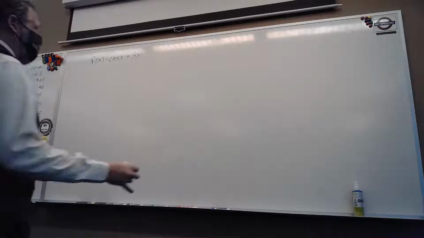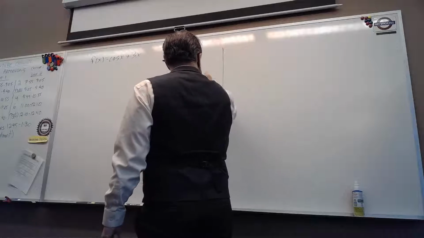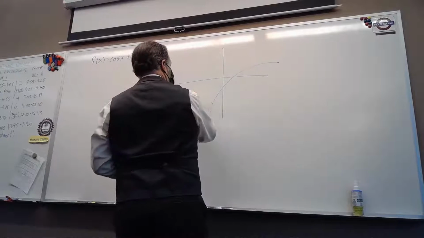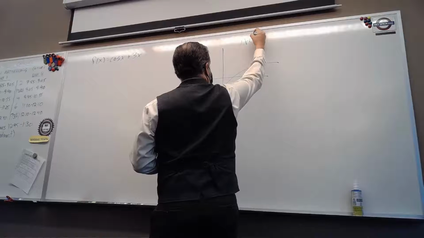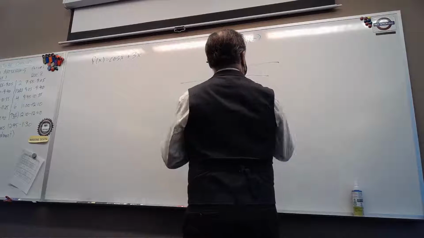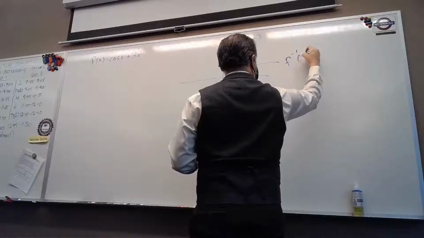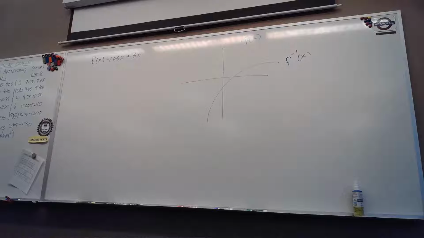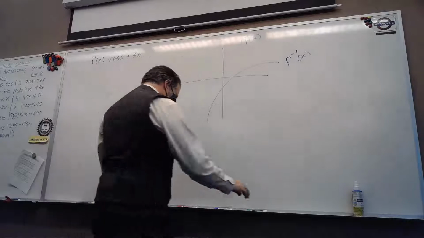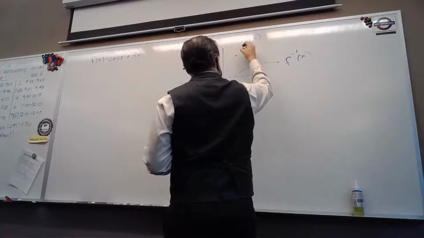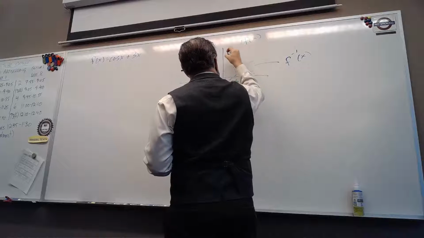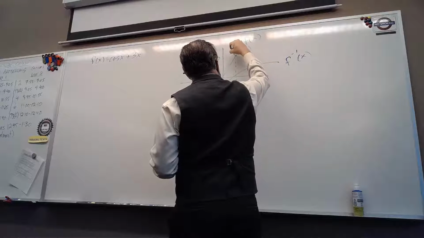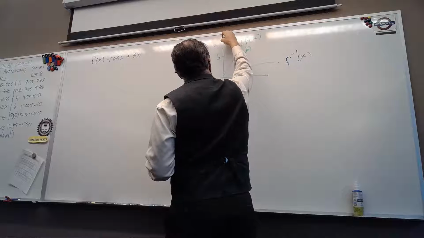So let's remember something here. Agreed? Reflection across y equals x is an inverse function. So if I look at this point, and I'm going to call this A, comma B, there is a derivative f prime of A. Agreed?